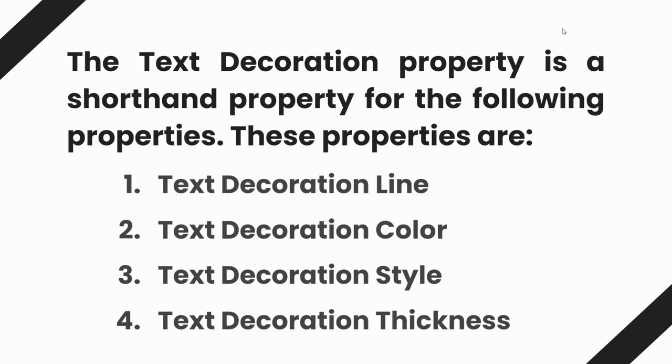You can see that within the text decoration are other properties, which are the text decoration line, the text decoration color, the text decoration style, and the text decoration thickness. These properties we can see on the screen are actually under the text decoration property, and we'll be seeing each of these properties individually.